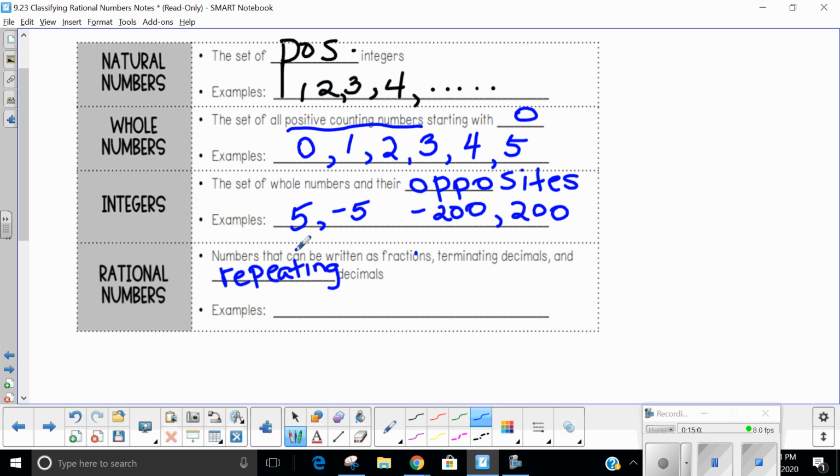So some examples of that would be, remember, rational numbers can be both positive and negative. So examples would be something like negative 5.6.